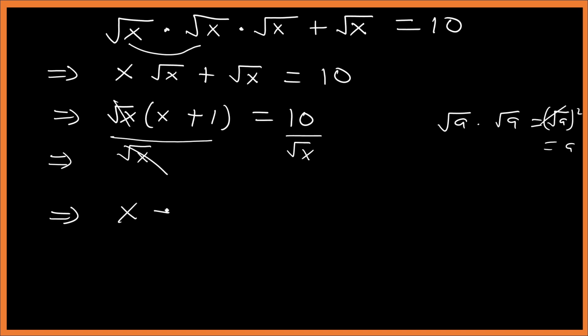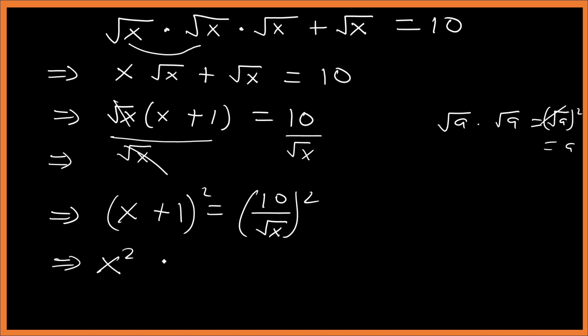We have x plus 1 equals 10 on root x. So let's square both sides. We have x squared plus 2x plus 1 equals 10 squared, 100. So square root of x all squared is x.